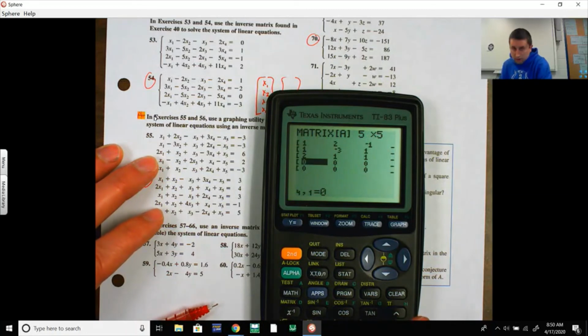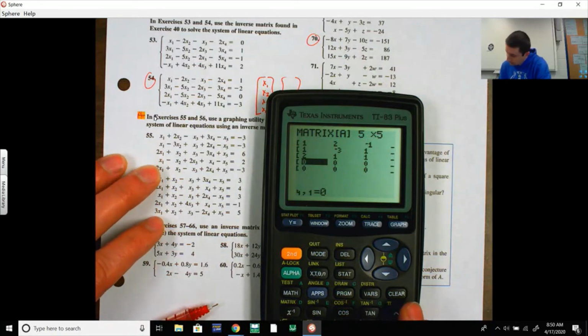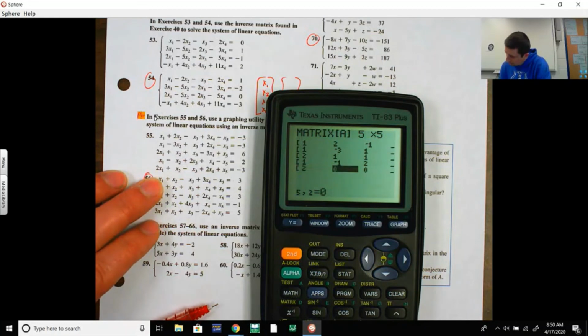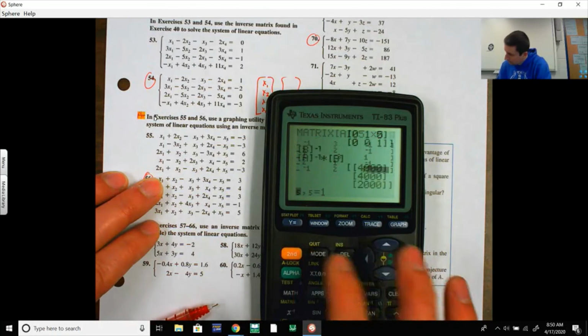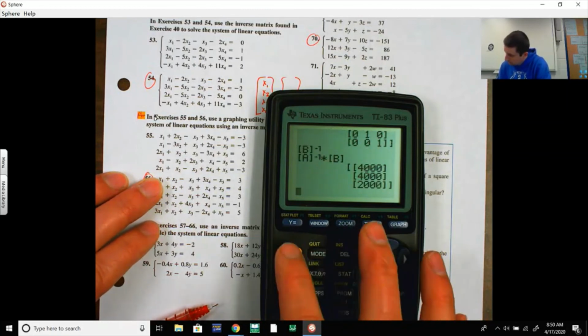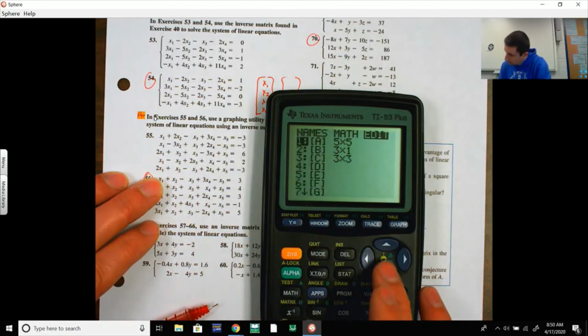Notice I'm not putting the solutions in this. This is not an augmented matrix like we did earlier. Negative 1, 2, 1, negative 1, 2, 1, negative 1, 2, 1. Finding a 5 by 5 inverse without a calculator would take us way too long.